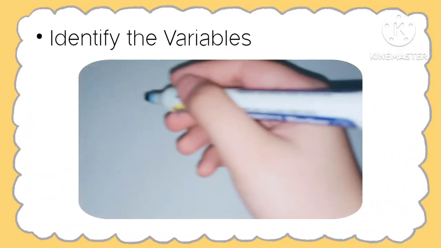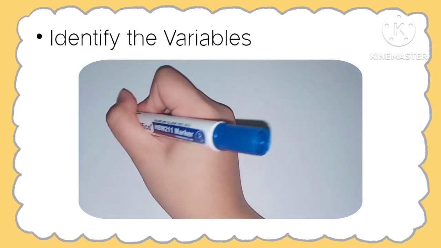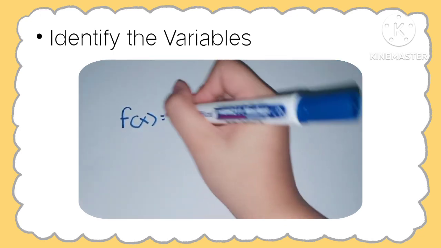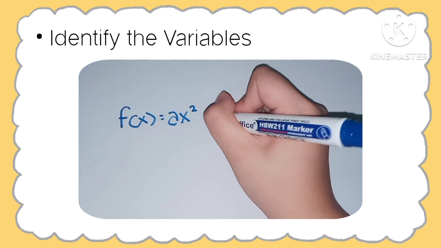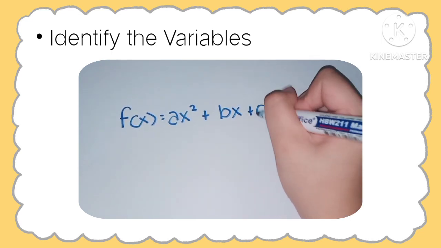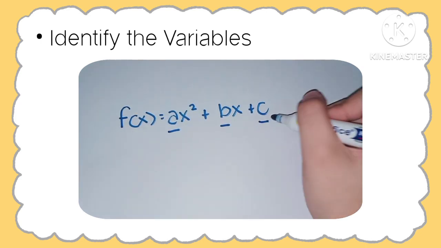The first step is to identify the variables. We are going to use the quadratic function standard form. In our standard form, we have f of x is equal to ax squared plus bx plus c. Our variables here are a, b, and c.